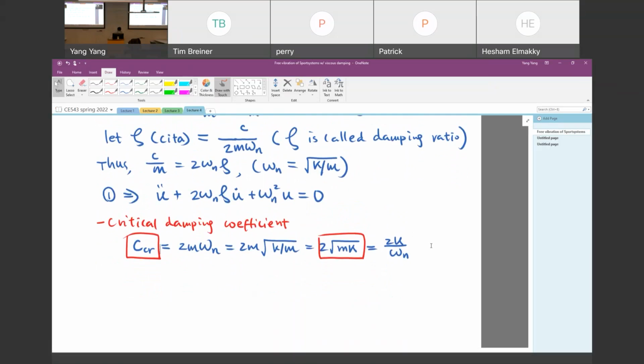Now we will have 3 types of motion after we define the damping ratio.